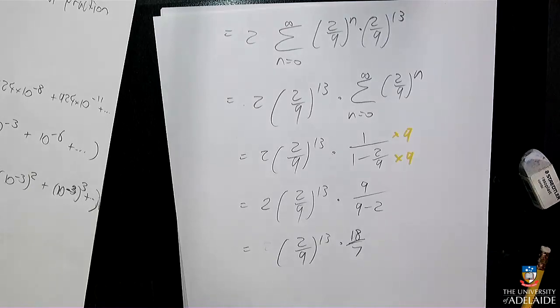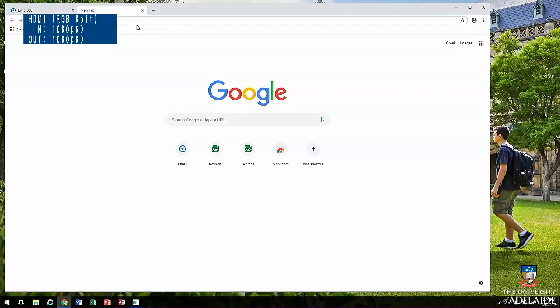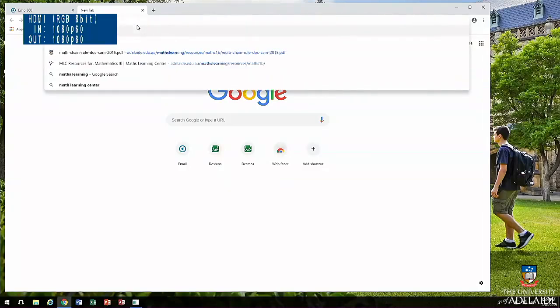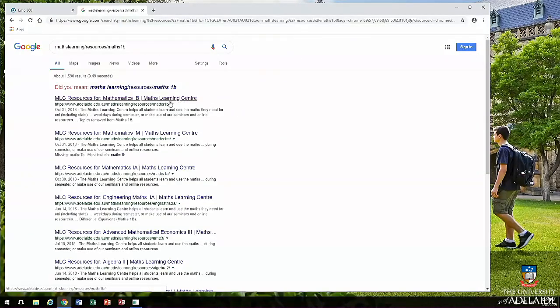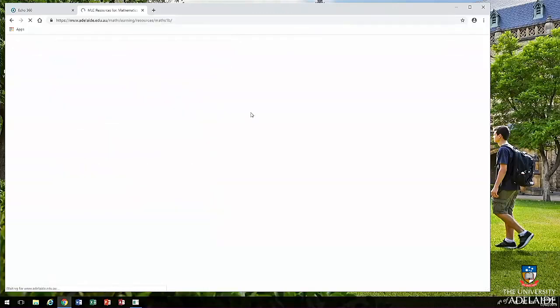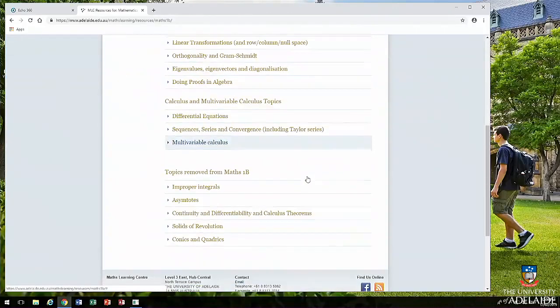Okay. What I might do is go to the Maths 1B page.